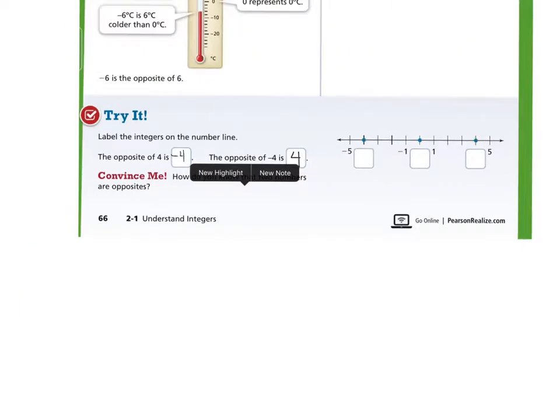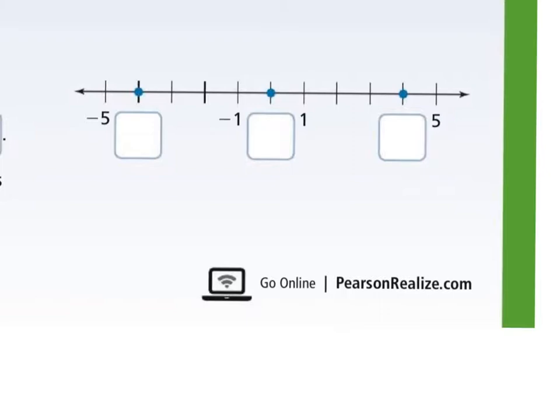So if we label these on a number line, in the middle we can put a 0. That would be right between the positives and negatives. And then negative numbers are to the left. So if you see the dot there, is going to be -4, just to the right of the -5. And then 4 would be over on the positive side.